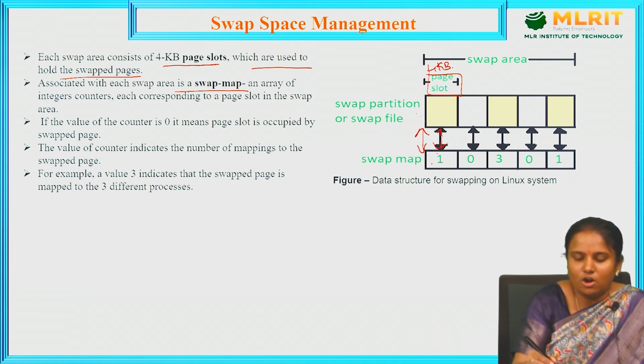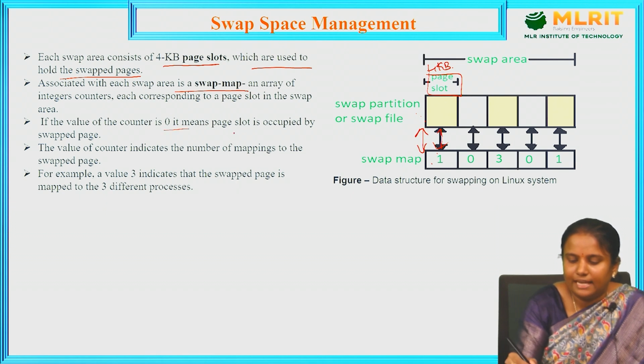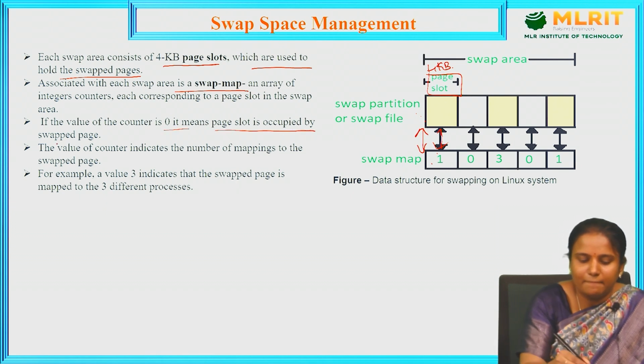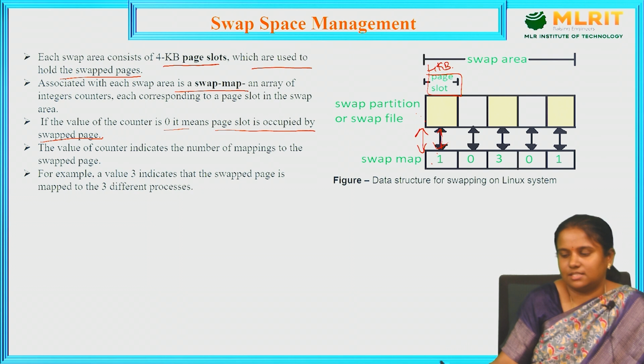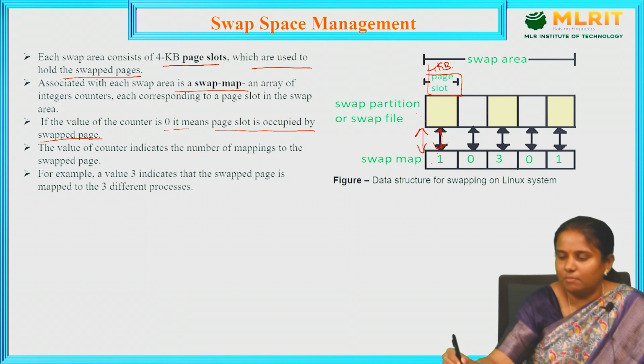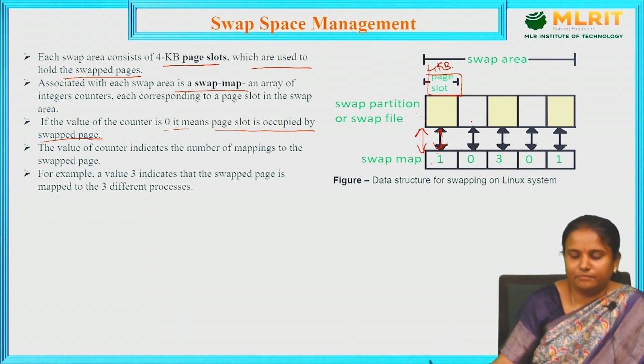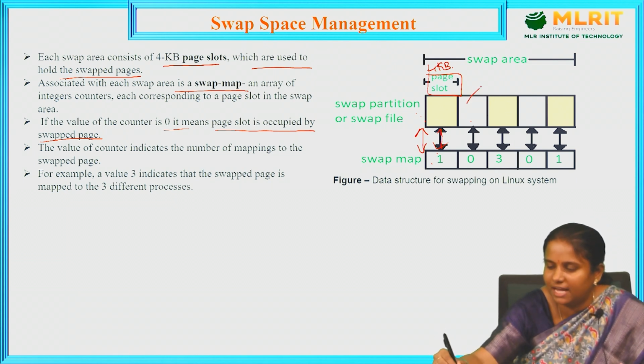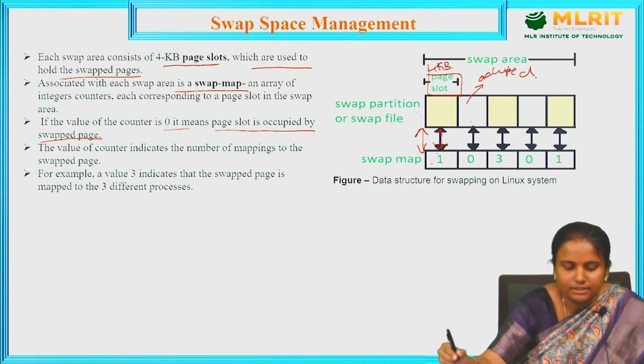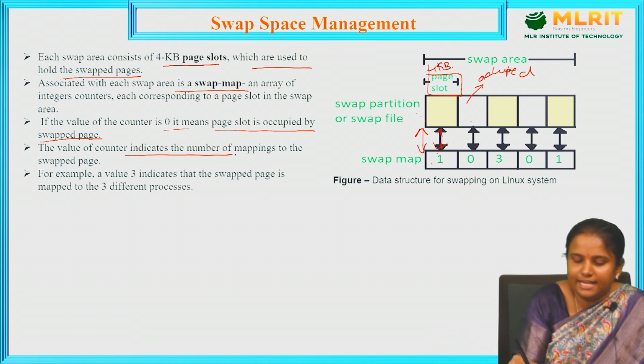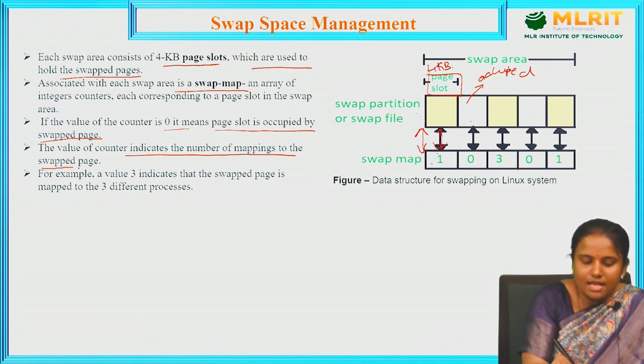If the value of the counter is 0, it means the page slot is occupied by a swapped page. The value of the counter indicates the number of mappings to the swapped page.